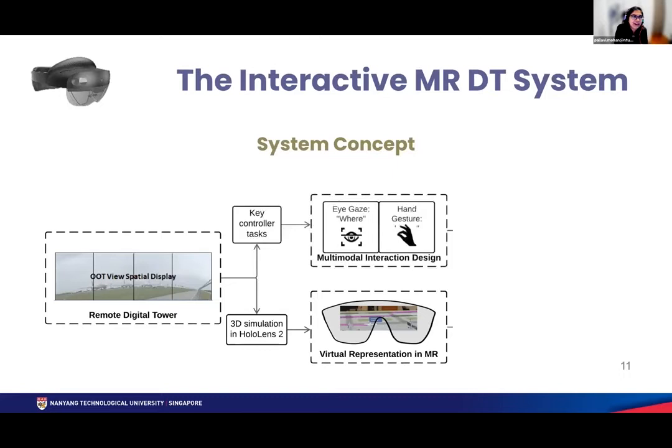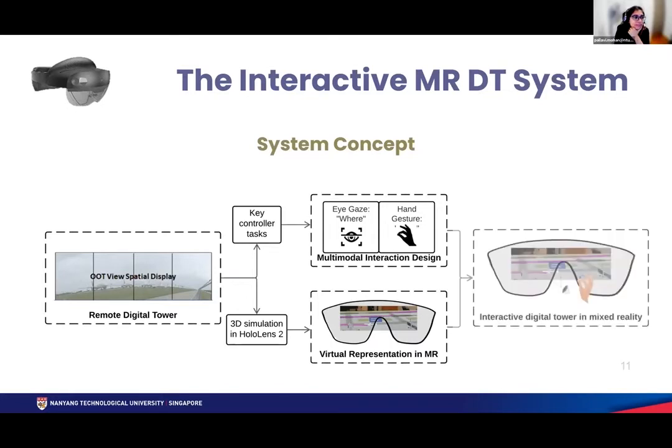Key controller tasks are mapped to hand and eye gestures using a multimodal interaction design model, which I will go into detail later, which are then fused to form interaction gestures. Now, the visualization and interaction model are combined to form an interactive digital tower system in the mixed reality space.